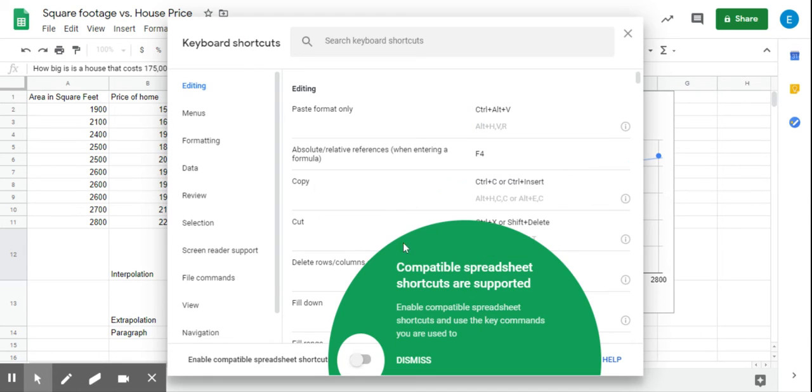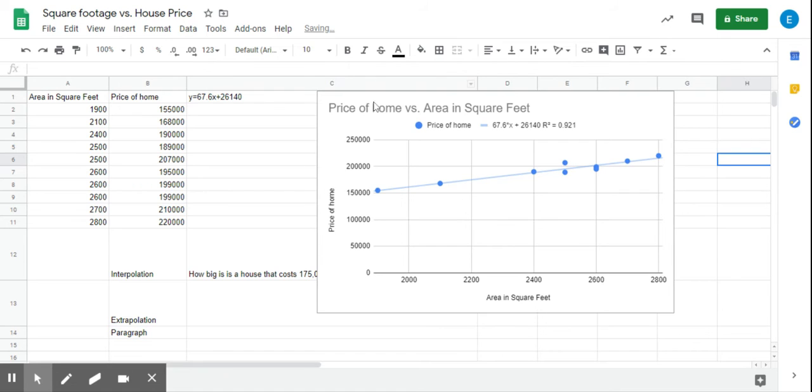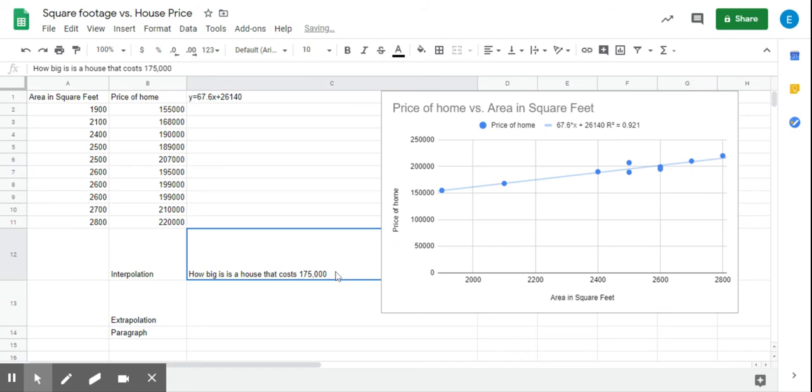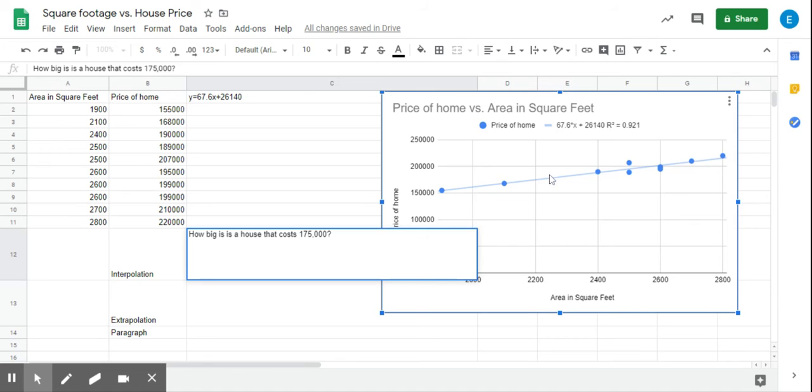That would be interpolation, and the reason is because it is in my data set. If you look, 175,000 is right in here, and it looks like the answer is about 2,200. So on the graph, which is harder to read, it's 2,200.